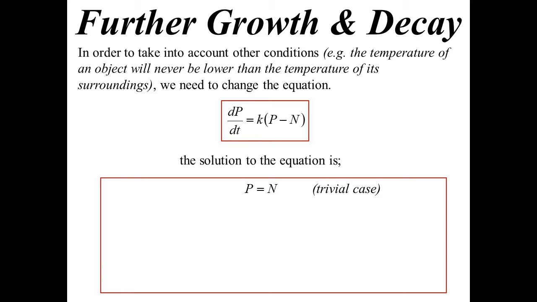Right, so dP/dt would be 0. Now go back to our derivative. If P is equal to N, the derivative is 0, because you get N minus N. So that's what we call the trivial case, and we don't usually consider that one.